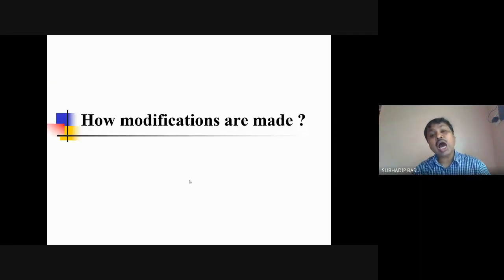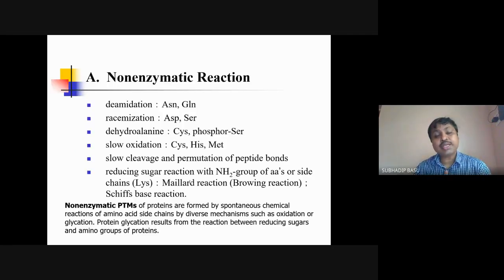Now the question is how these modifications are made. We are saying the proteins are modified and these are the different types of modifications, but how are these modifications possible? These modifications are possible either by non-enzymatic reaction or enzymatic reaction or something else.